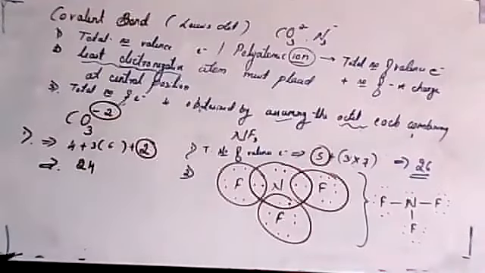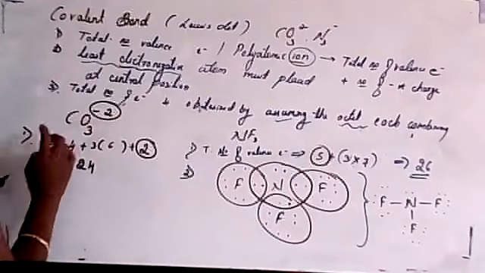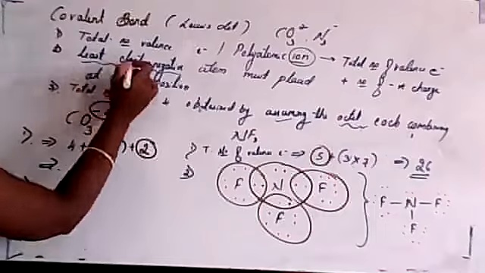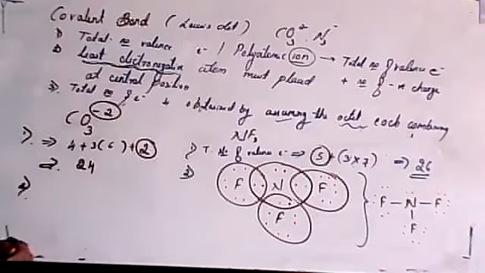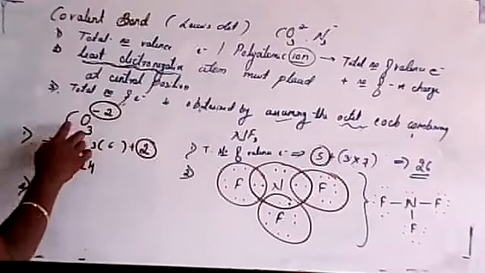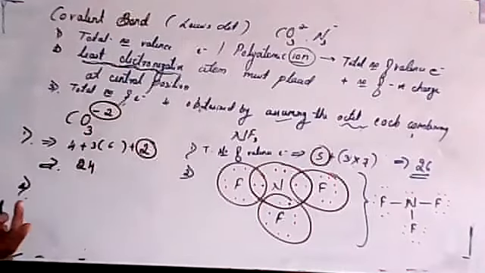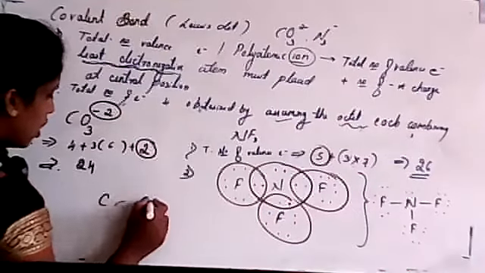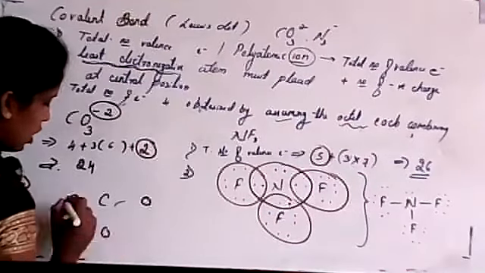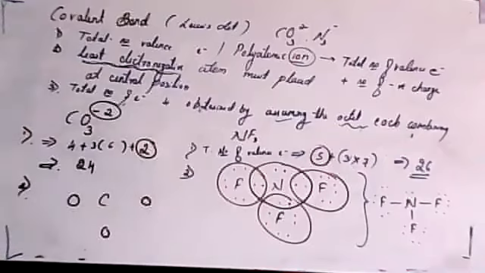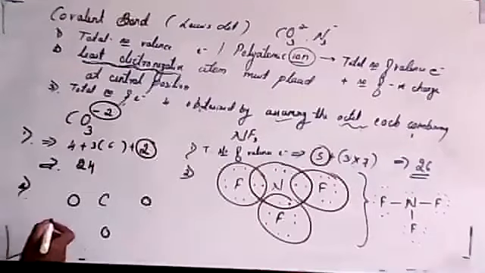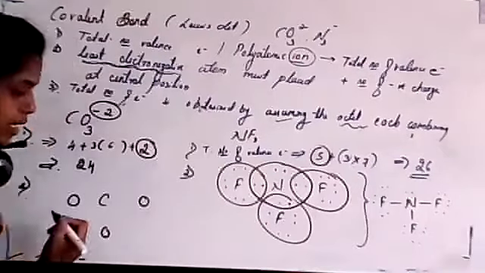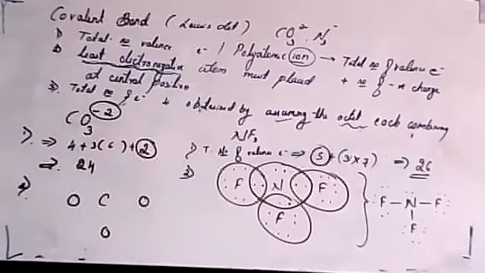Now if I consider carbon and oxygen, which one is least electronegative, students? Yes, carbon. So carbon in the center, with oxygen, oxygen, oxygen. Is this fine? Then I have to mention the total number of valence electrons.